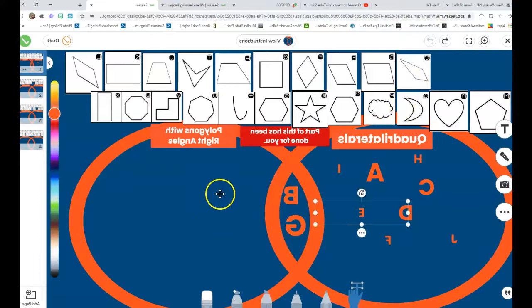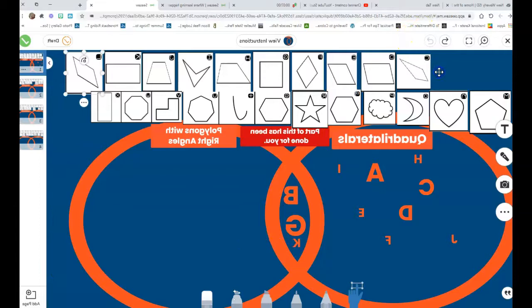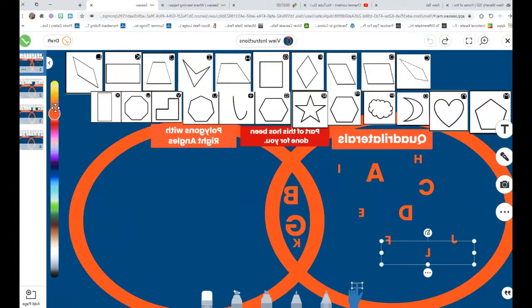Good. Okay. L. Quadrilaterals. Good. M. Nothing. Good. It does not have 4 sides. It does not have a right angle.